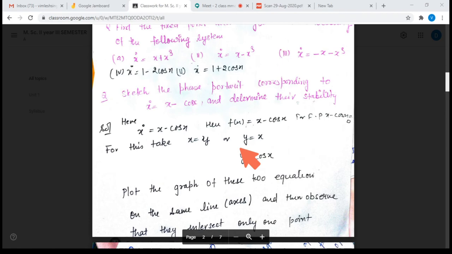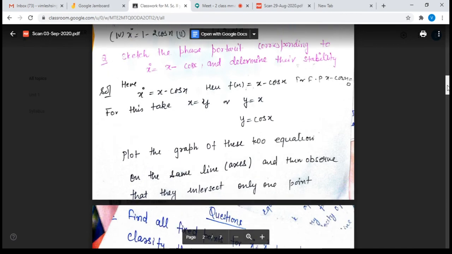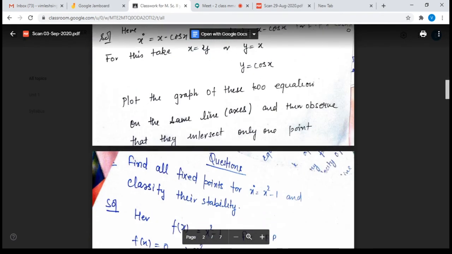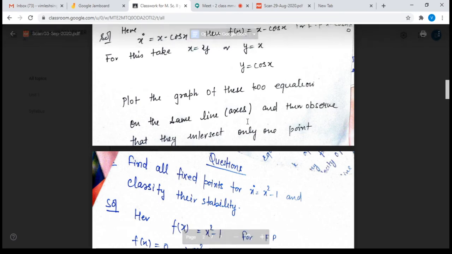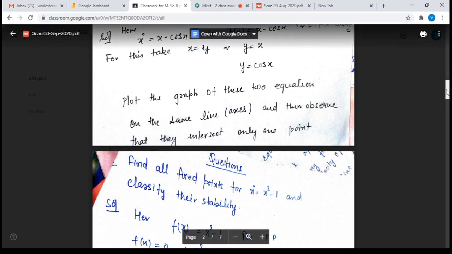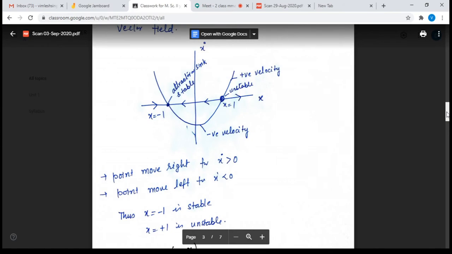It means there are two equations: first is y equals x, another is y equals cos x. Now plot the figure. We plot these two on the same axis, and then observe that they intersect at only one point.